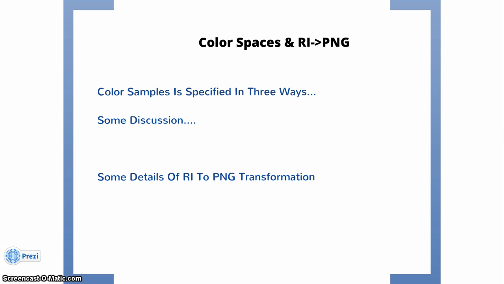Thirdly, by specifying the value of gamma and the 1931 CIE xy chromaticities of the red, green and blue primaries used in the image and the reference white point. By this, I think I have given you some idea of the color spaces and how they are specified. Next, I will give you some details of the reference image to PNG transformations.